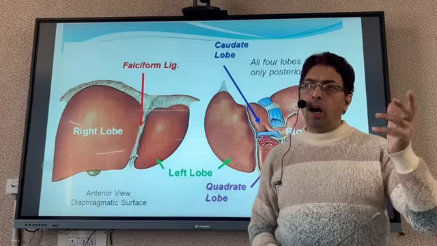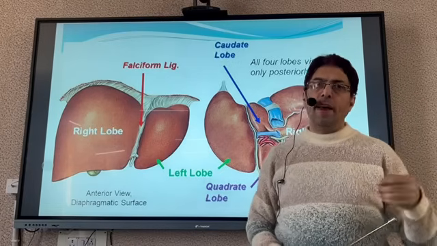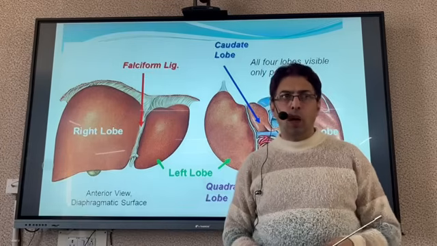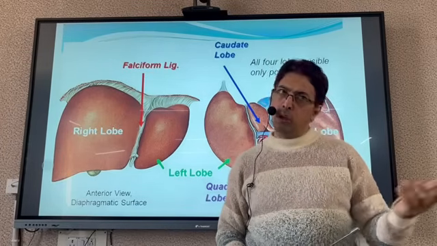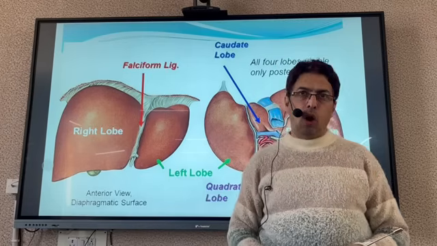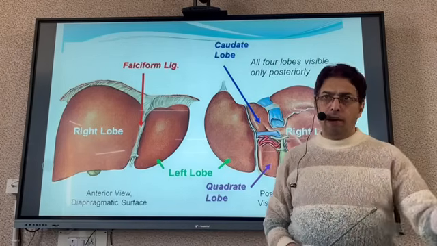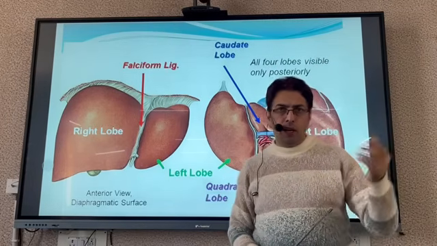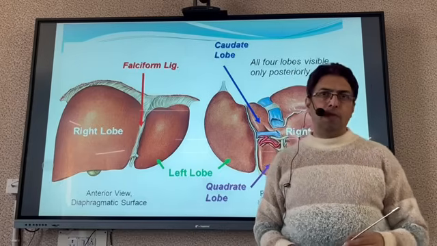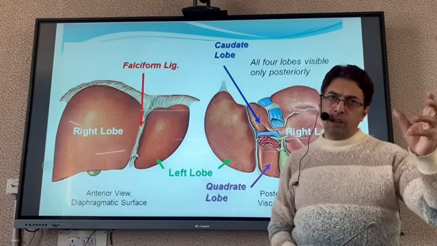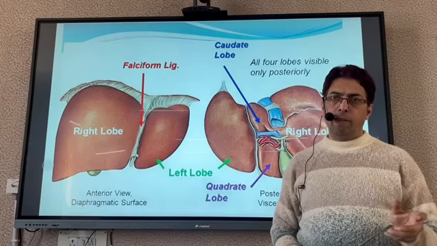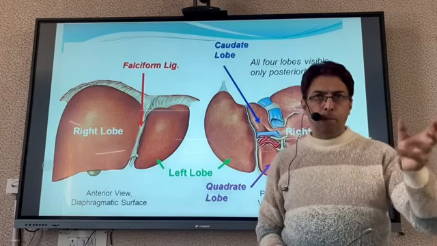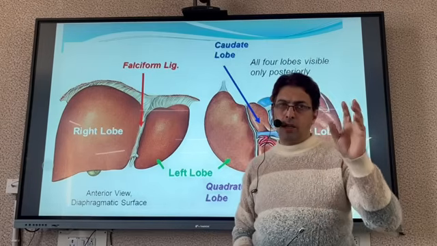Because the normal architecture of the liver gets changed, especially in case of diseases where we have fatty deposition within the liver, and we call it fatty liver, quite a common entity these days. Every third or fourth person has got this problem, I mean fatty liver. So in fatty liver, the consistency of the liver changes, and that is detected by the fibroscans. So that's very important to know the consistency.